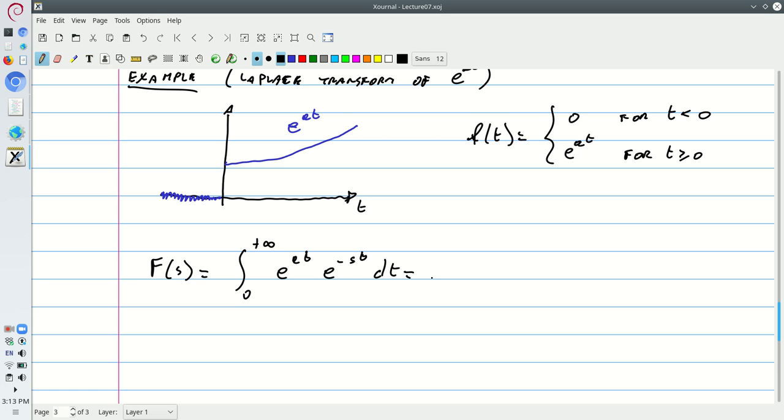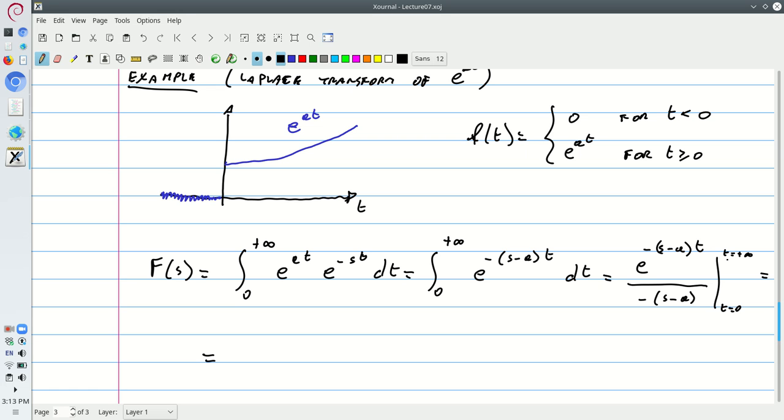So far we are not going to change the extremes because they're still 0 and infinity, but what we can do instead is to combine these two exponentials together so that this can be written as exponential of minus s minus a t in dt. Now that we have this, actually this is again easy to compute because this is given by the exponential of minus s minus a t divided by minus s minus a, and t has to be computed between 0 and plus infinity.